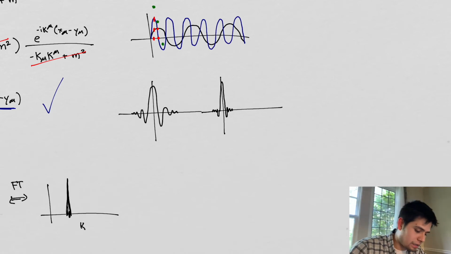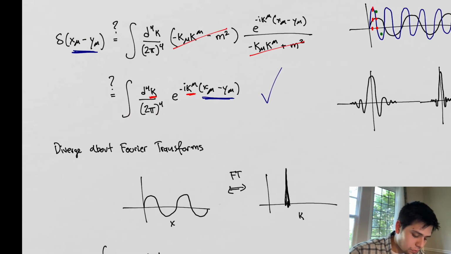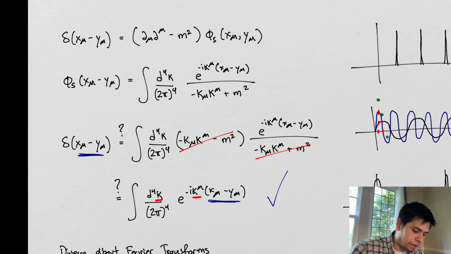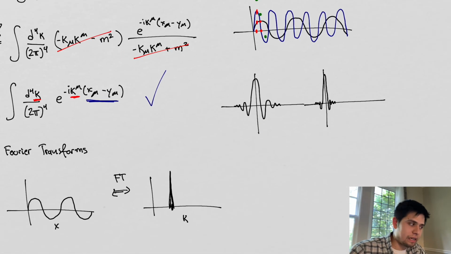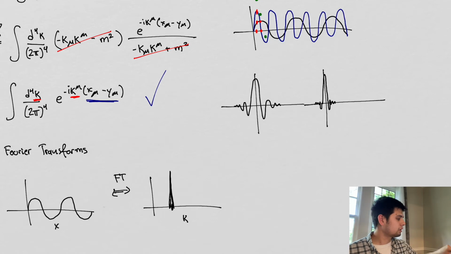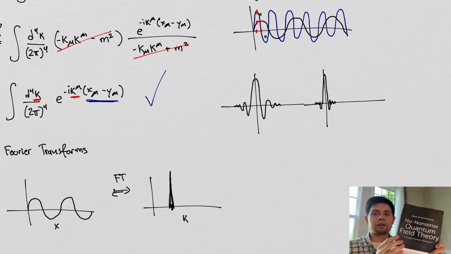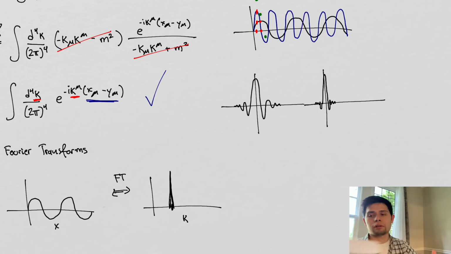So the idea, again, is that this special function right here takes the form of a Fourier transform, to give us a potential that looks like this. We're going off of the book No Nonsense Quantum Field Theory by Jacob Schwichtenberg.